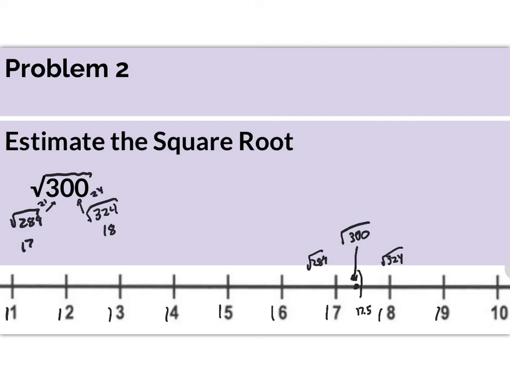There are other ways to solve these problems by finding what's exactly halfway between 289 and 324 and then going from there. But I find it just easier to say, is it closer to the one to the right or above it, or the one to the left or below it? And then just see which one it is closer to, and then just put it on the other side of the halfway mark. I find that easier.